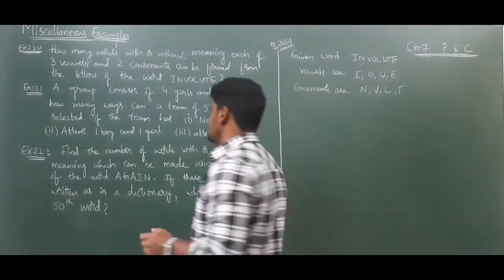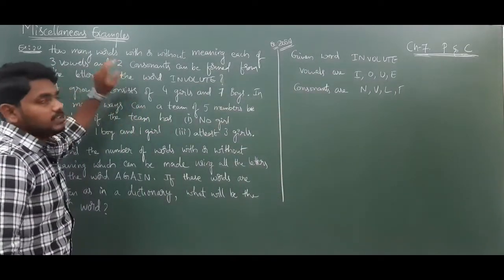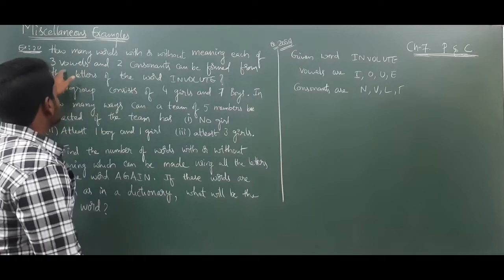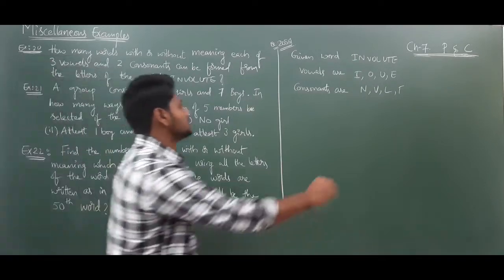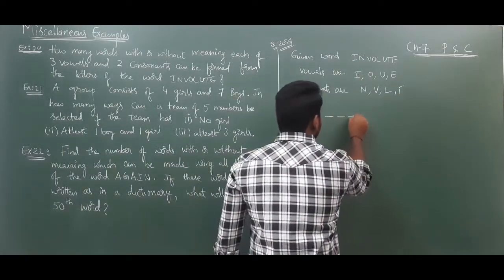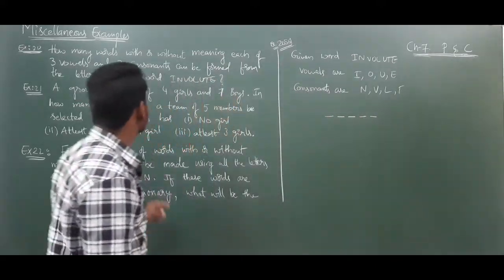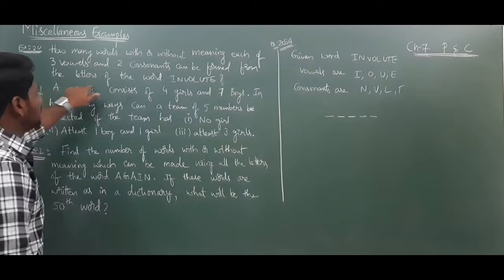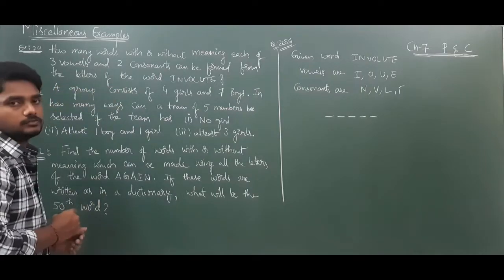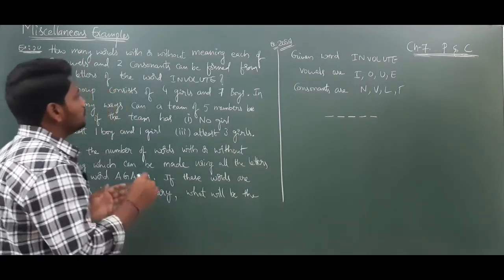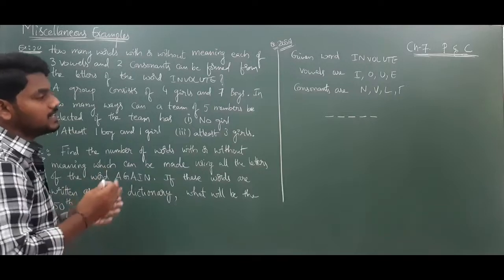Now what to do with this question is, how many words with or without meaning, each of 3 vowels and 2 consonants can be formed from the letters of the word involute. So here we are not arranging in any particular way.